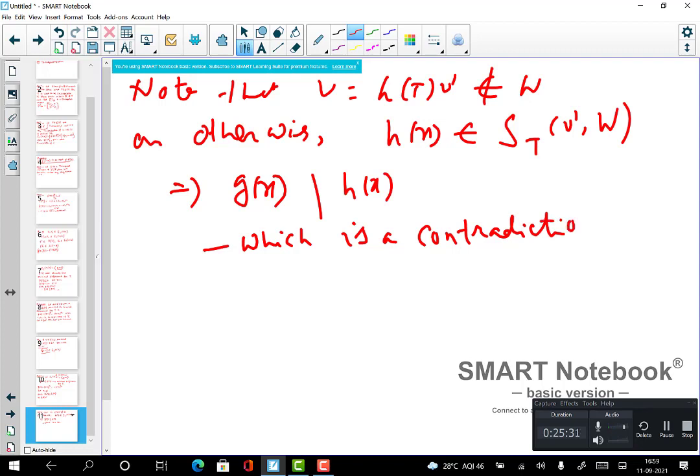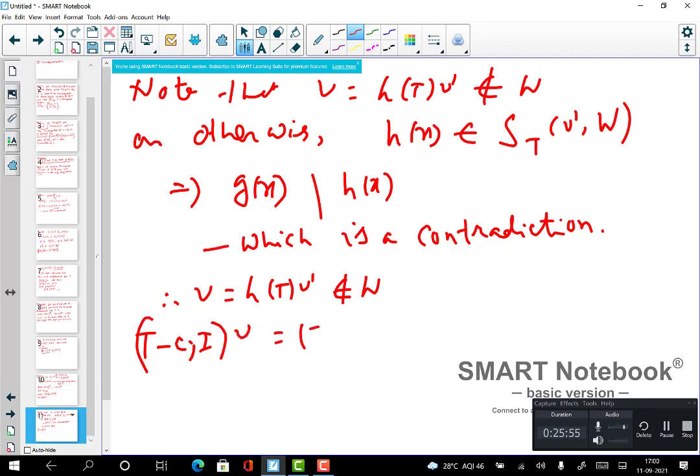Okay, it's not possible, and hence this h(x) cannot be an element of this, so this v, which is h(T) of v', is not inside W, right? But when we apply T minus c_j I on v, then this will be nothing but (T minus c_j I) of h(T) of v', right?